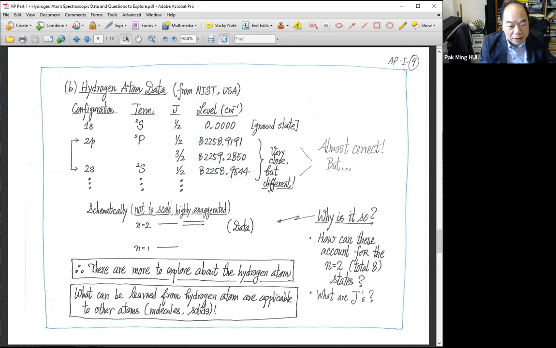In Schrödinger's solution, all this should be minus 13.6 divided by 4. Okay, so for n equals 2, the energy is minus 13.6 divided by 4 eV. Okay, that is the number for this, 82259 or so. But accurate measurements reveal that there are actually three, but very nearby numbers.